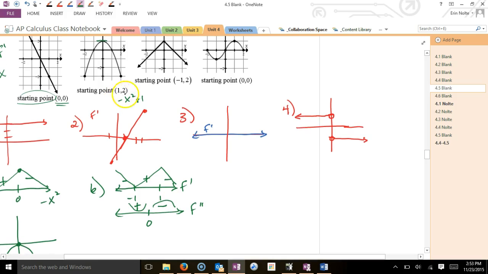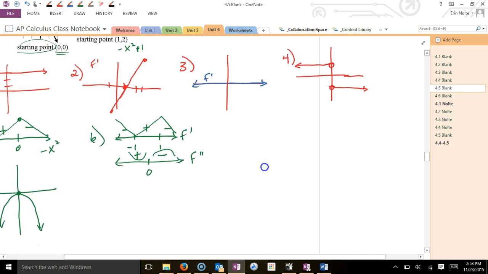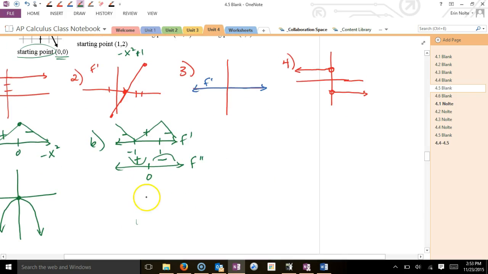Okay, so we've got a starting point at (1, 2). If we think about what it was in our function, (1, 2) is this relative max right here. So we don't really know how far it went down to get to -1. All I can tell you is that it went down.